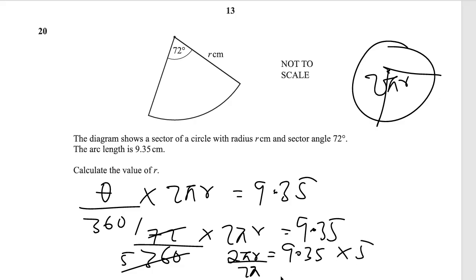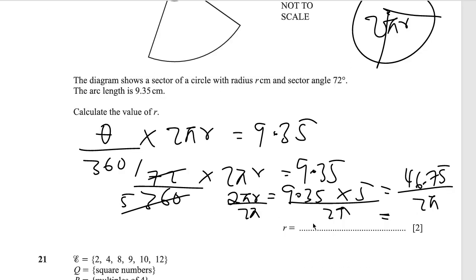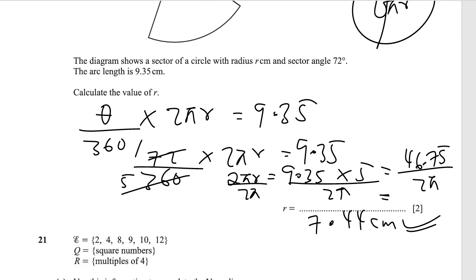And then if we divide through by 2 pi, that's going to be 9.35 times 5 is 46.75, and then divided by 2 pi, which is equal to 7.44 cm. And that's the radius, that's the value of r.